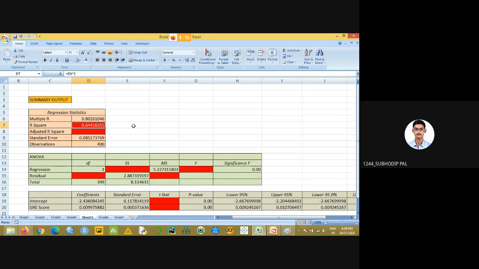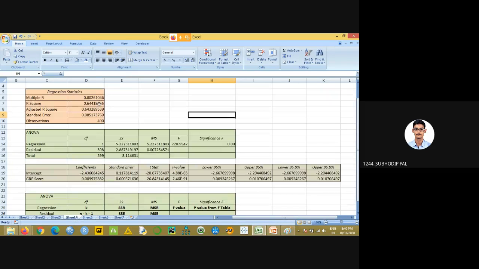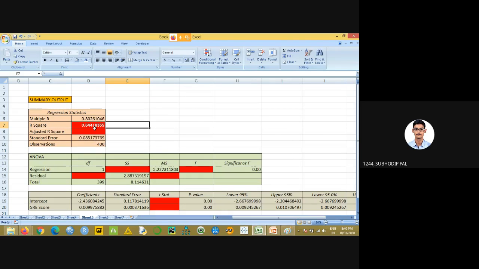Is it visible to everyone? So let's check the value in the first table. Is it the same? It's the same, right? 0.6441835.